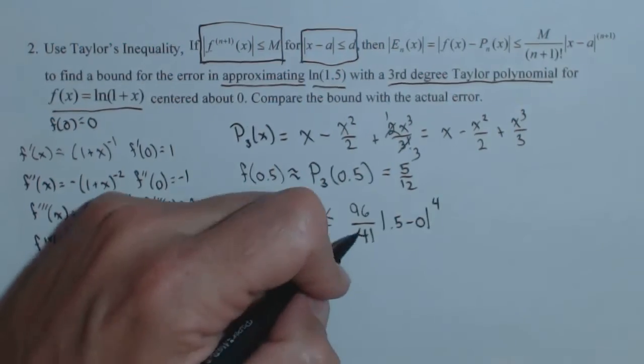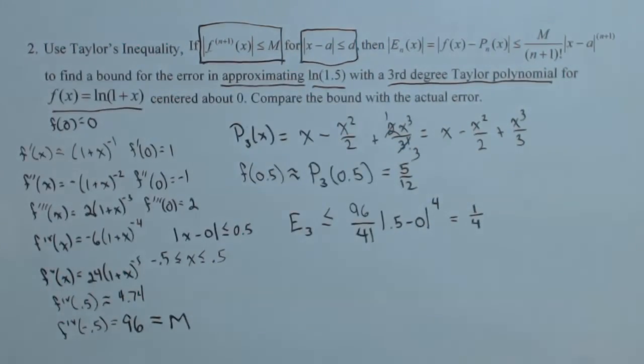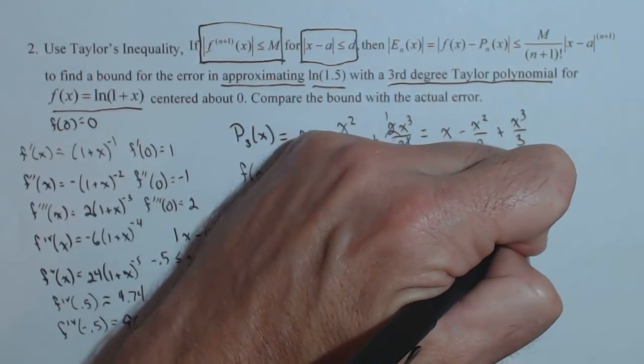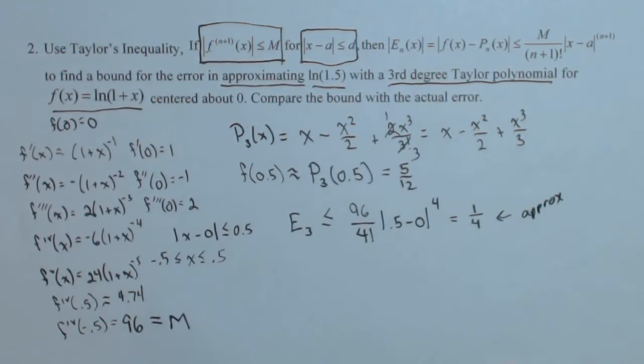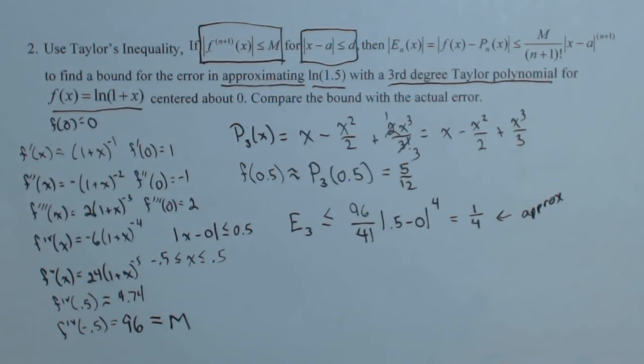And if we calculate this, we get 1/4. So this is our error approximation. That's our maximum bound on our error. So our actual error should be less than this.